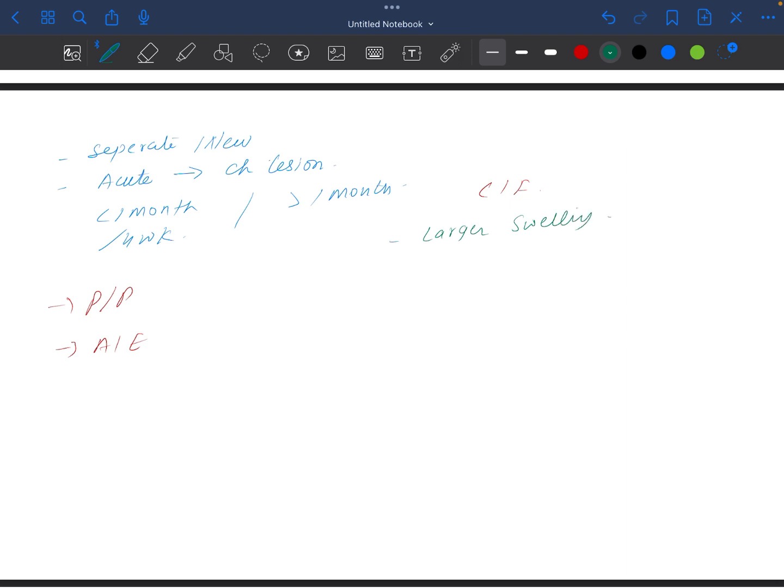This swelling is sometimes so big that the patient has a deformed face. In this lesion, the patient has mild to no pain. So if there is severe pain, it's a sign of an acute lesion. Acute lesions have severe pain, and in chronic lesions you have mild to no pain.